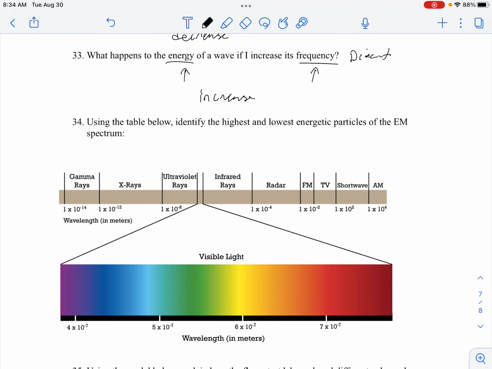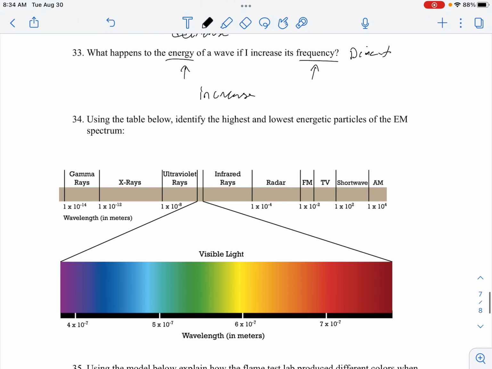Okay, highest and lowest energetic particles. So again, if you remember that, notice that if I'm comparing wavelength, this is a big wavelength, this is small, which means that this has a small frequency, and this a big frequency, which also means that this has big energy, small energy.